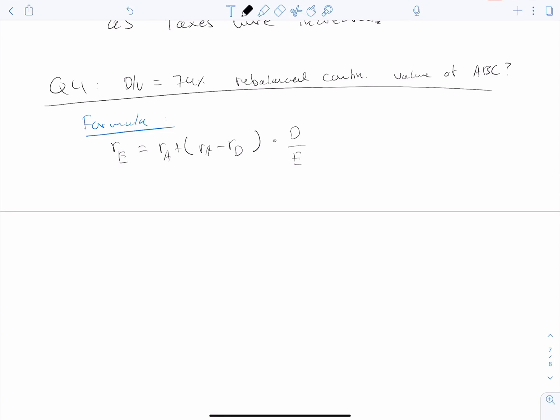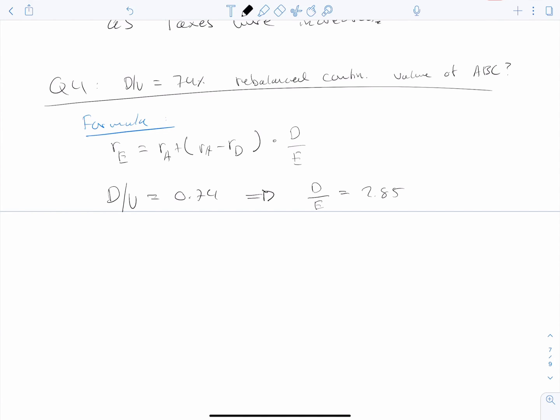So that's one formula that we get here, and we can use this, right? Because we're given in the exercise that debt over value is 74%. This means, by the formula that we've been through a few times, that debt over equity is then 2.85.